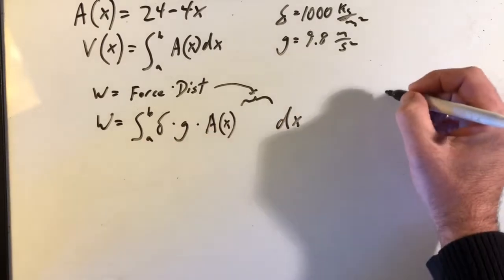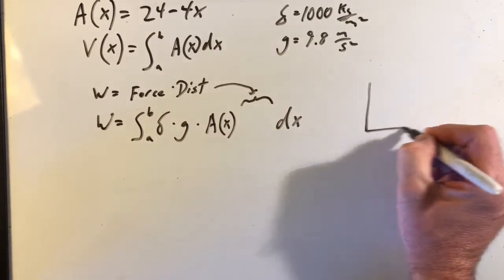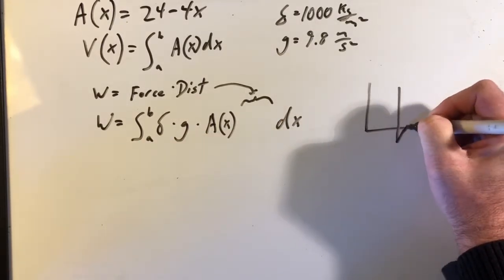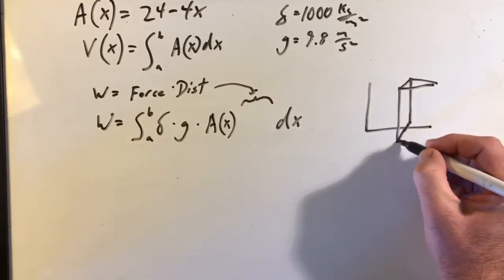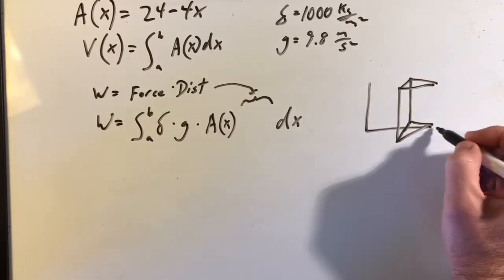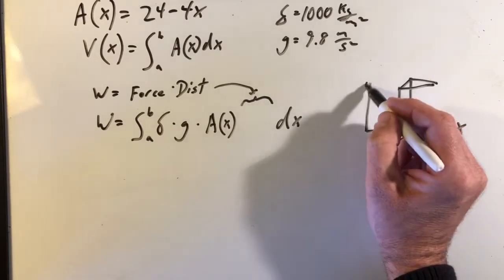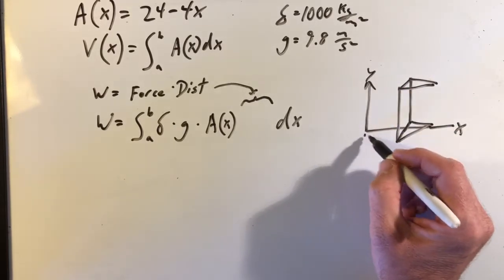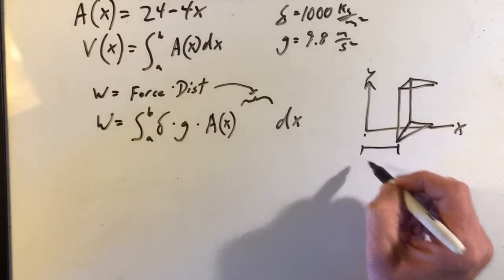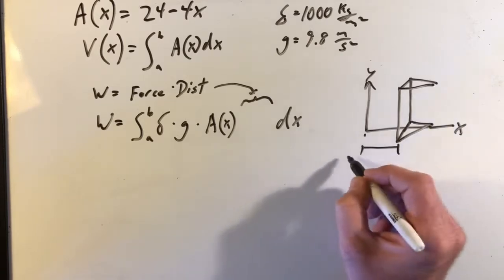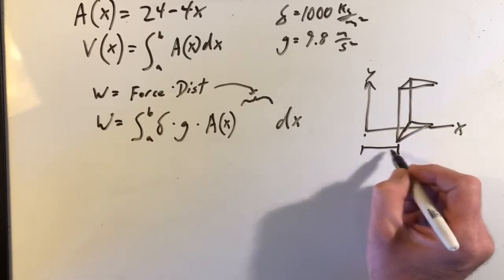Now if you remember, we have our little triangle shape here, and this is along the x-axis. We have the y-axis here. So from the origin to the start of our tank, right there, is the distance.